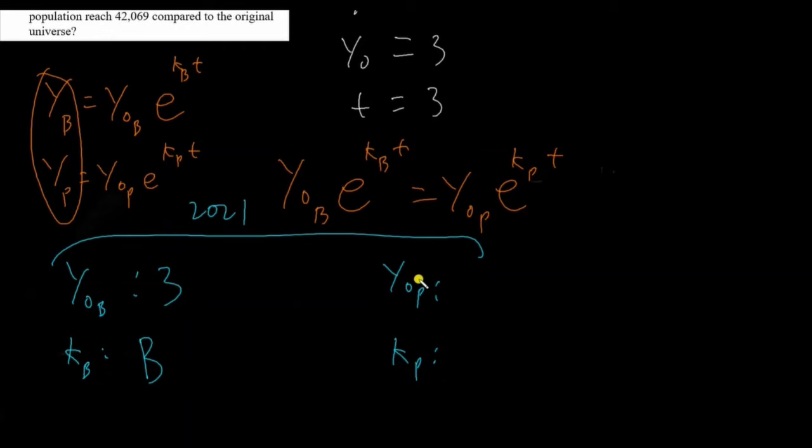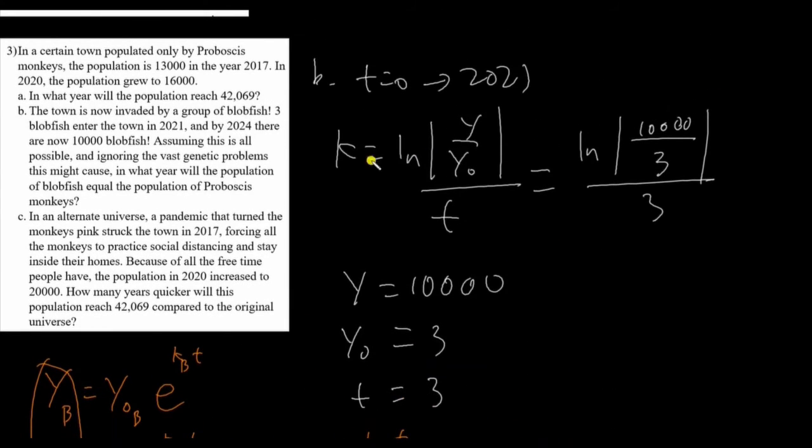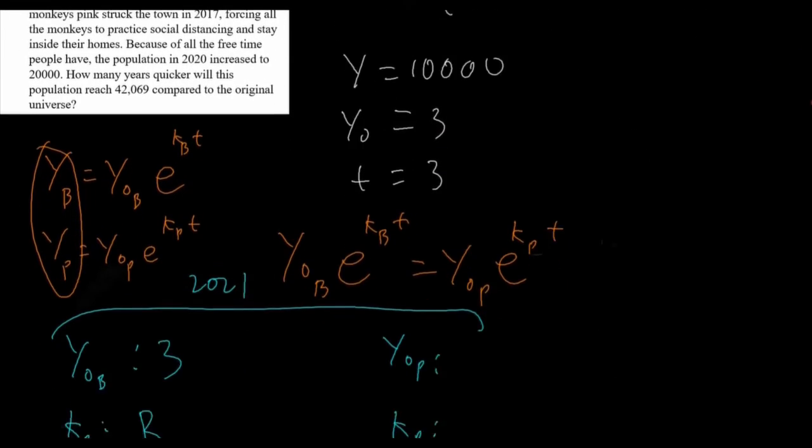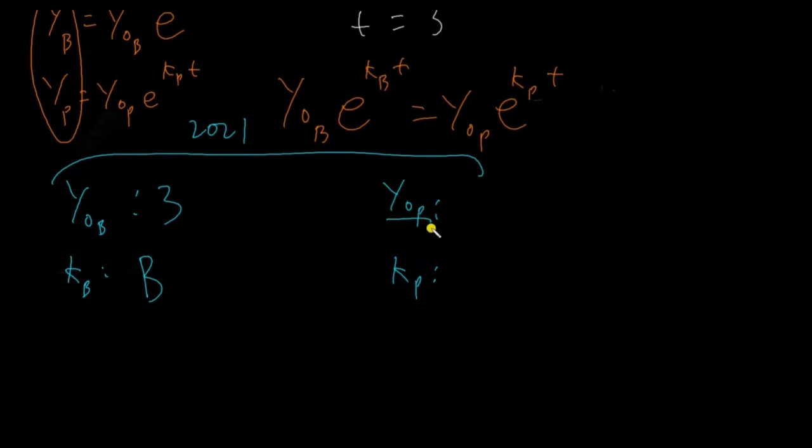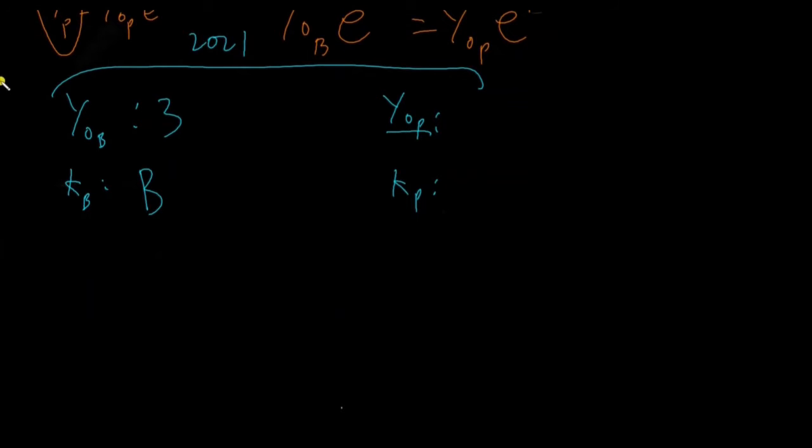And then the initial population of the monkeys, well, we can't use 16,000 because that's the initial population in, we can't use 13,000 because that's in 2017. We want the population in 2021. So we're going to have to figure out what this is by finding out the population of the monkeys in 2021. Okay, so let's figure that out first. So let me scroll down a bit more.